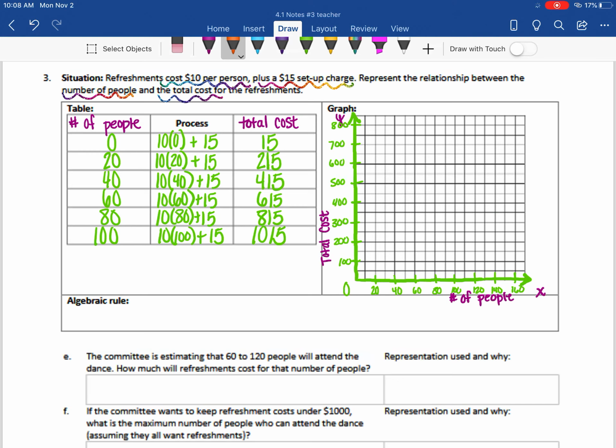So if I have 0 people, then the cost is going to be $15. So I'm going to have to estimate that. If I have 20 people, it's going to cost $215.